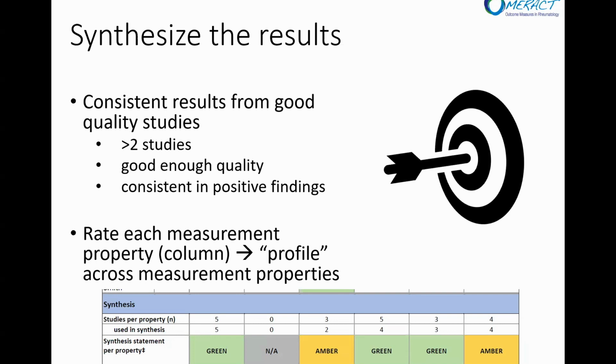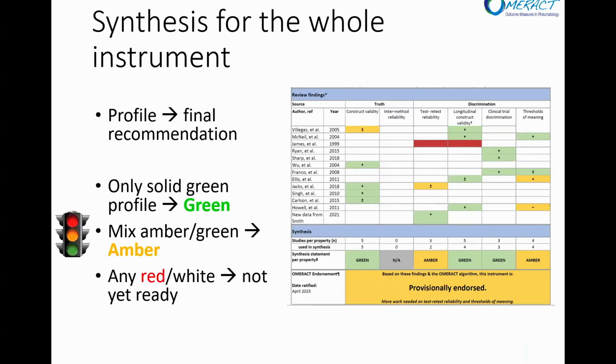And that's an example of a profile here. The one example here is also showing that you can have a gray and not applicable box. And that was under the column for inter-method reliability, where inter-observer or inter-machine or inter-anything reliability was not a concern for this particular instrument.